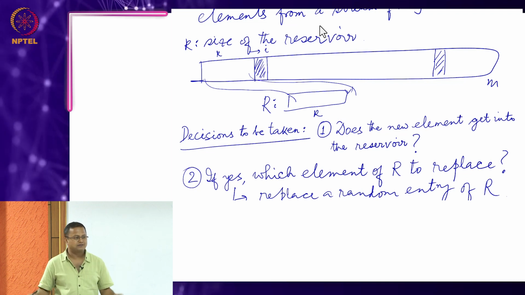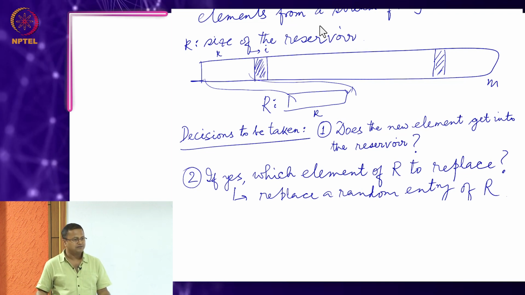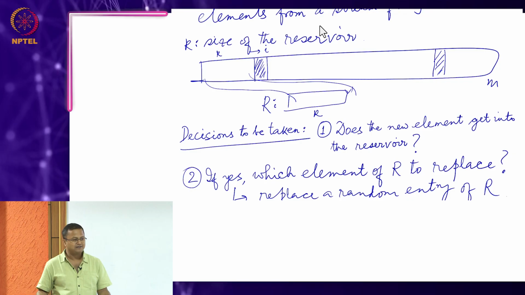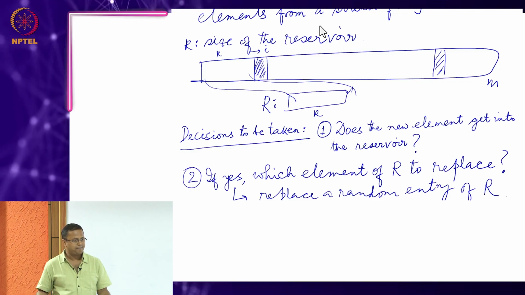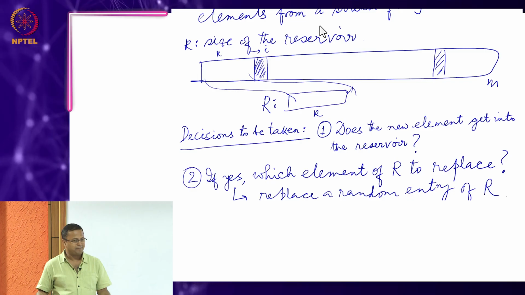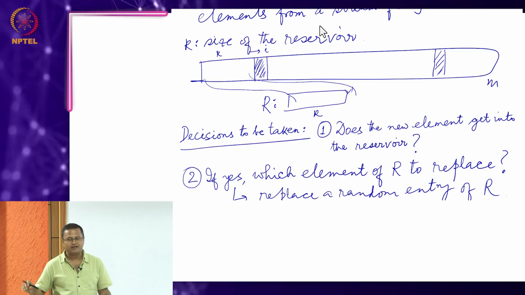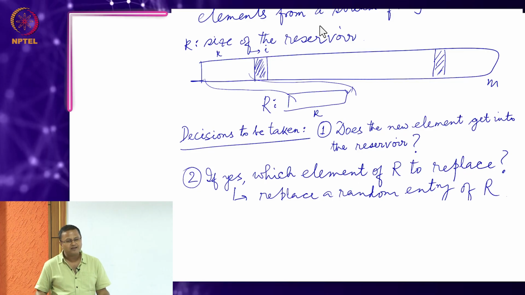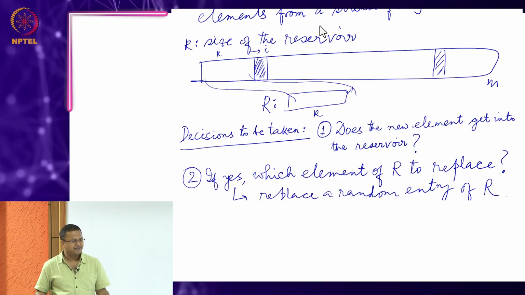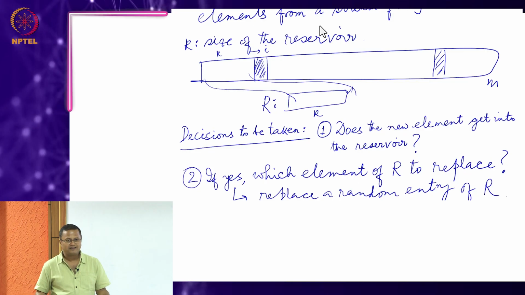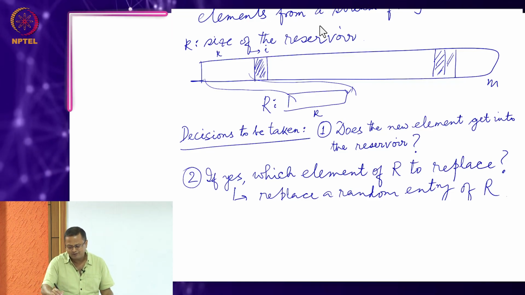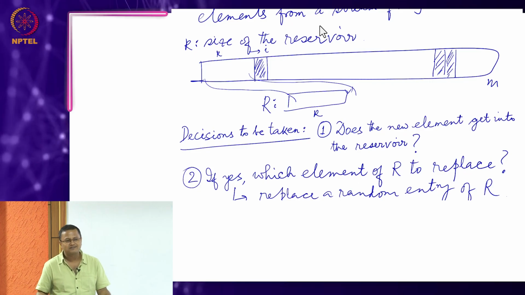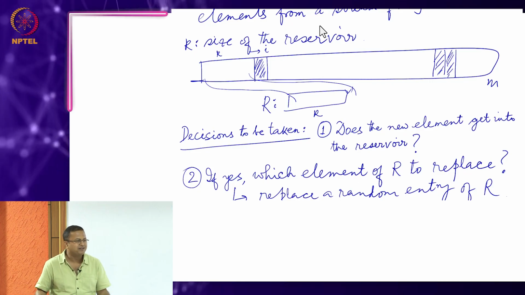Given a choice, which one would you want to put into the reservoir? Elements towards the beginning or elements towards the end? End. Why? See, at the end, whether you put this or this, is it hardly going to make any difference?